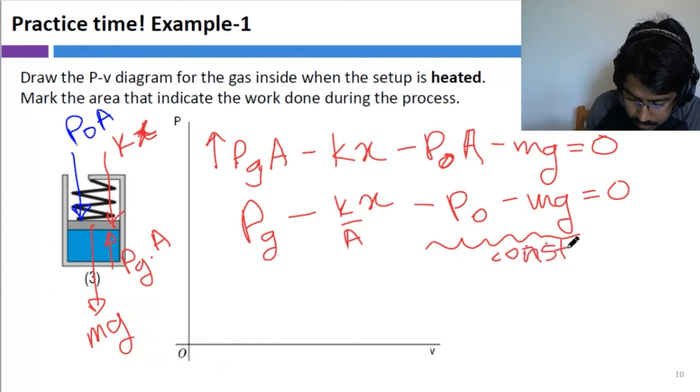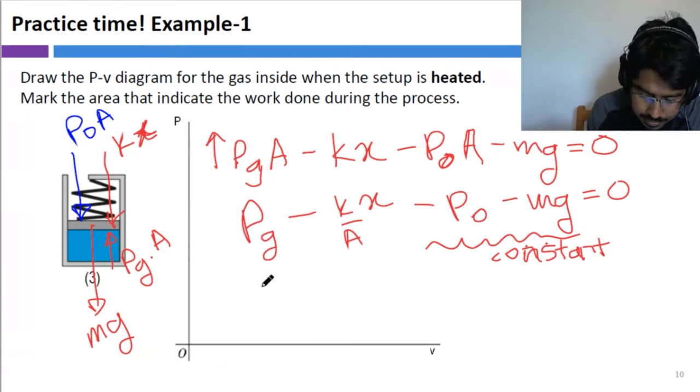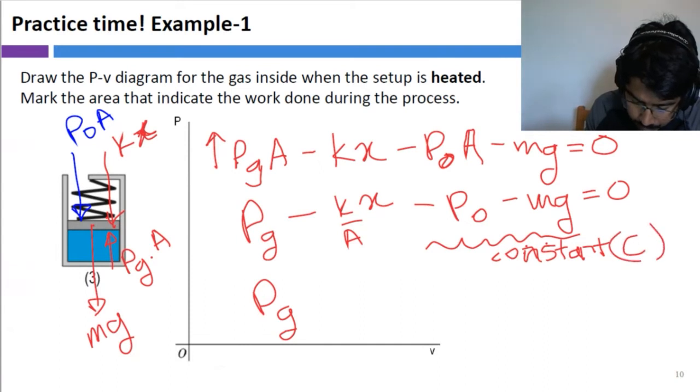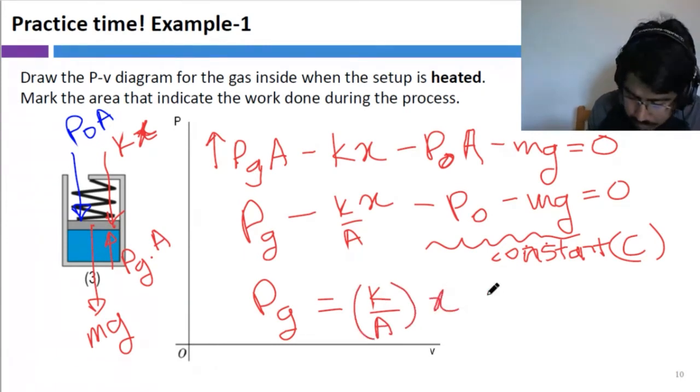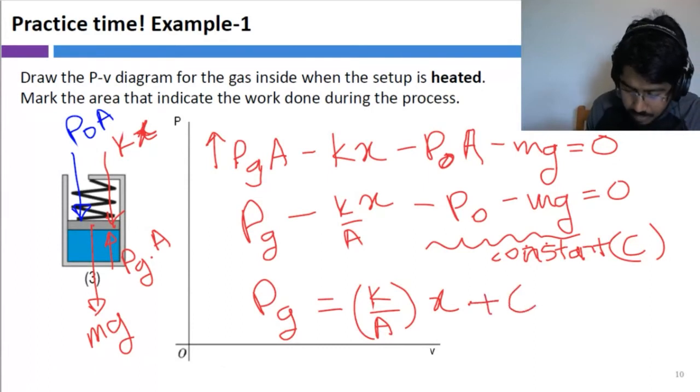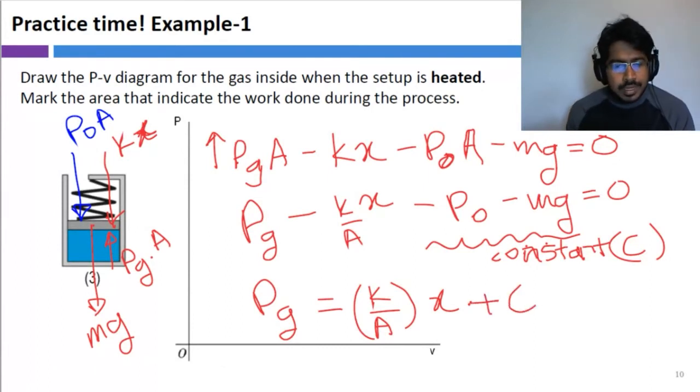This is a constant, right? Therefore, we can say that Pg equals K over A, which is again a constant, times x, plus a constant. Do we all agree?